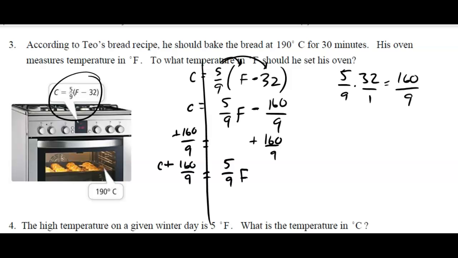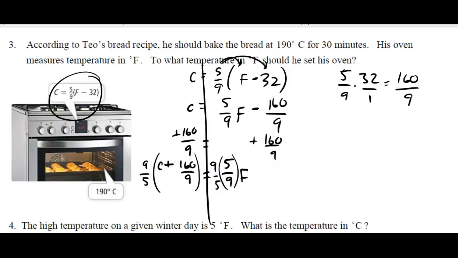Now to get rid of 5/9, I just got to multiply by the opposite. And this side gets multiplied by the opposite. So I just flip my fraction, because then that would equal 45 over 45, which equals 1.